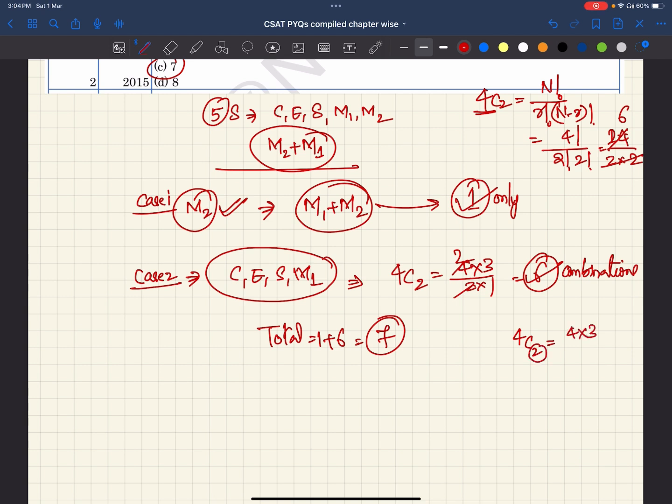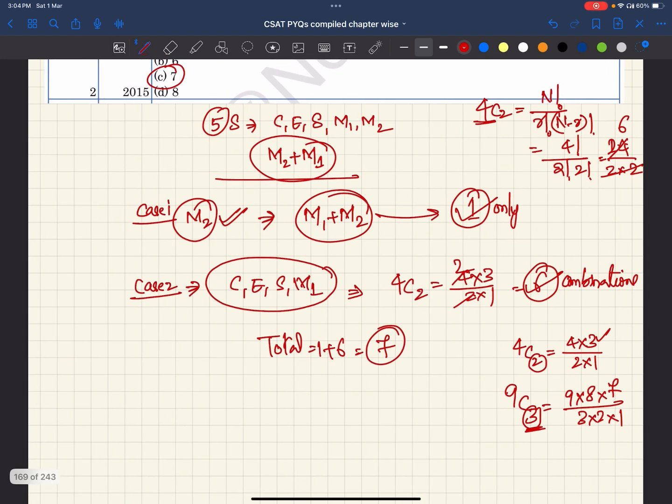Here it is 2, so we'll write only 2 in the denominator, 2 into 1, and the rest in the numerator. Example, if it is 9C3, here 3 is there, so 9 into 8 into 7 by 3 into 2 into 1. This is the shortcut, instead of writing all these things and calculating. This is the simple way. Answer is 84. 9C3 value is 84. You can simply calculate this way.